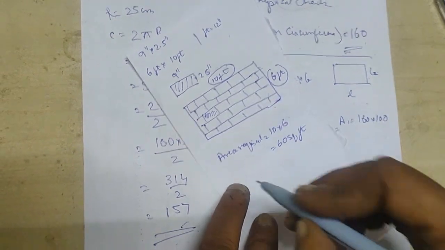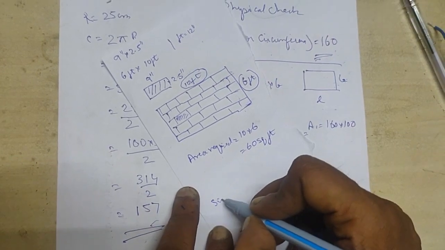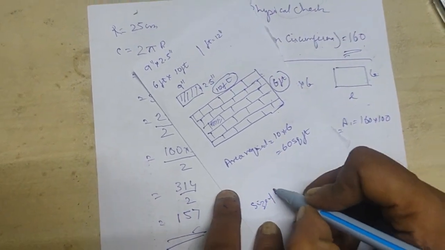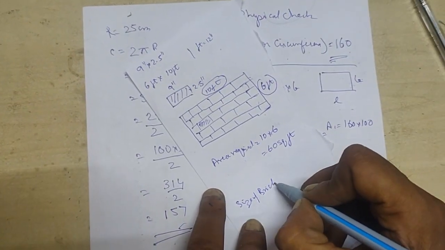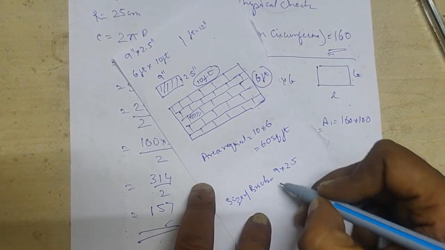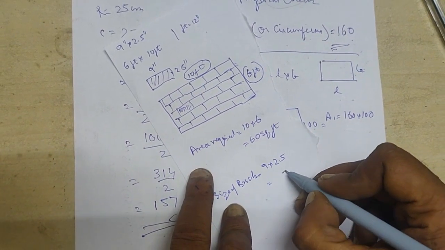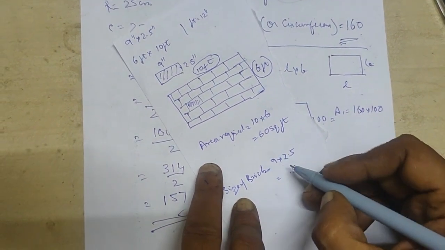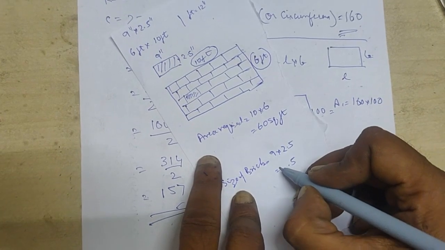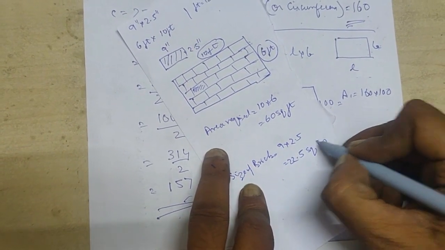And the size of brick is how much? 9 multiplied by 2.5. This is how much? 9 5s are 45, 4 carry 5, 9 2s are 18, 18 and 4, 22. This is in square inches.